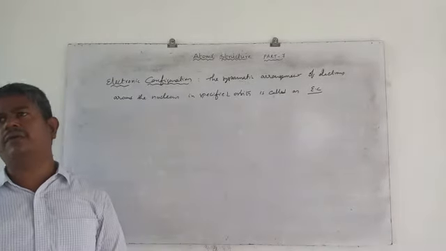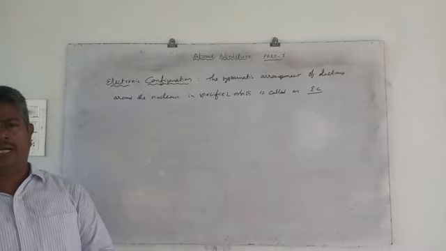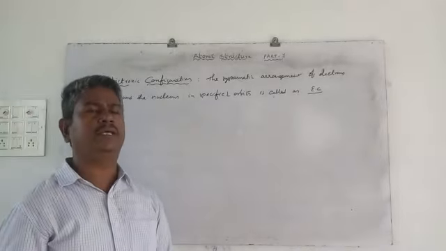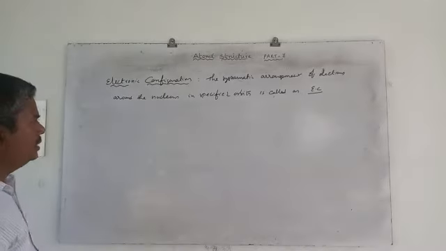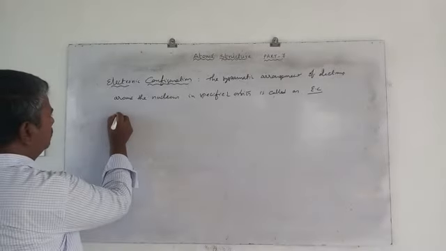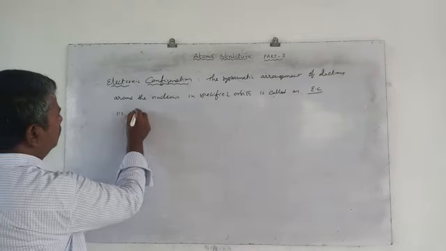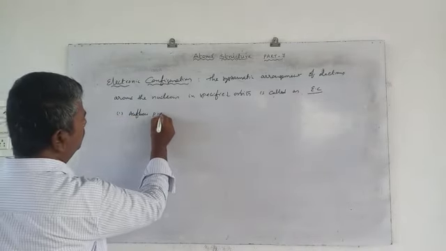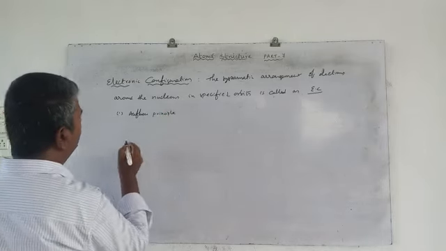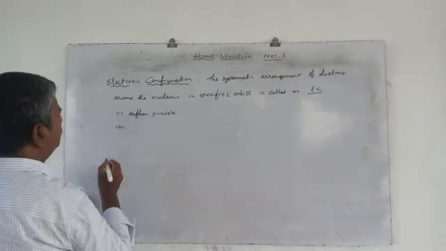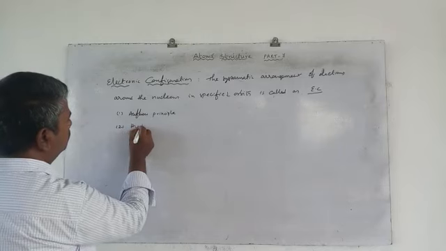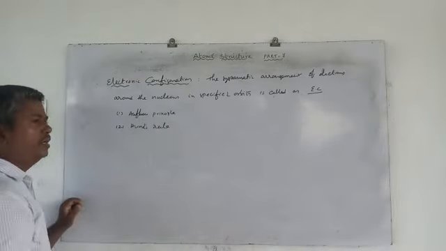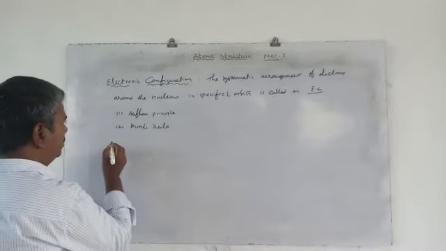So, how can you write the electronic configurations, and what are the rules involved while filling the electrons in specified orbits? Here we have three rules. One is the Aufbau principle. Second one, Hund's rule or Hund's maximum principle, whatever it may be.